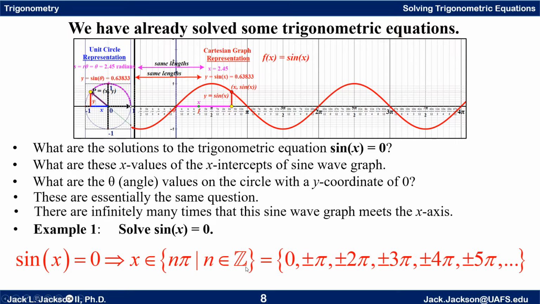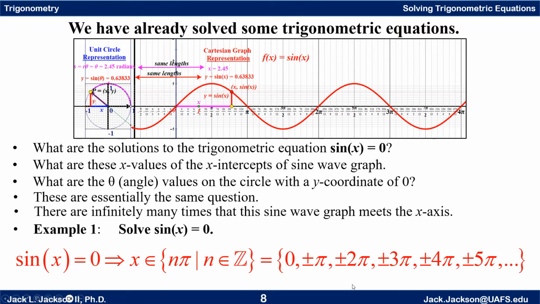So that funky looking Z there is for Zahlen, which is German for integers. So that's why it's used as Z. And so this is just saying that x is equal to n times pi, where n can be any integer. So, for example, when n is 0, you get 0. That's right here. When n is 1, you get pi. When n is negative 1, you get minus pi, and so forth.